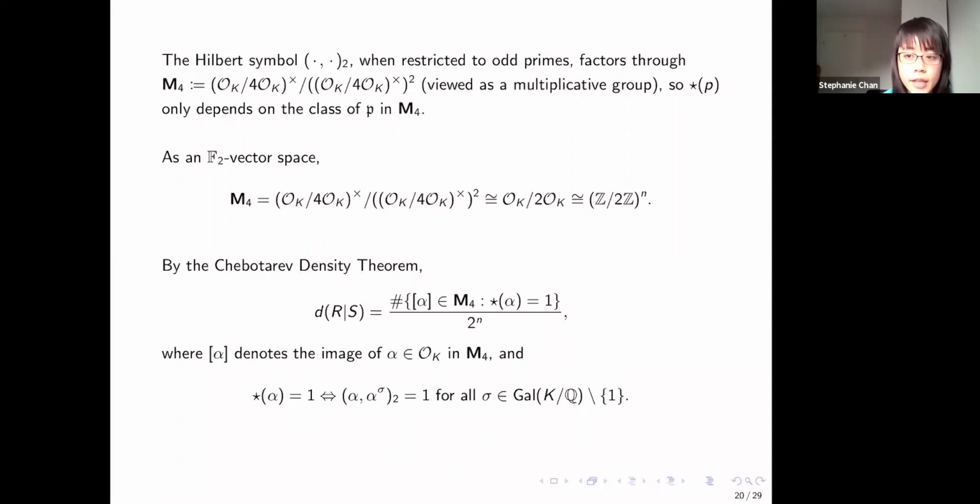So when you restrict the Hilbert symbol to all primes, it factors through this group M4, which is the integer ring modulo 4 and modulo all squares.